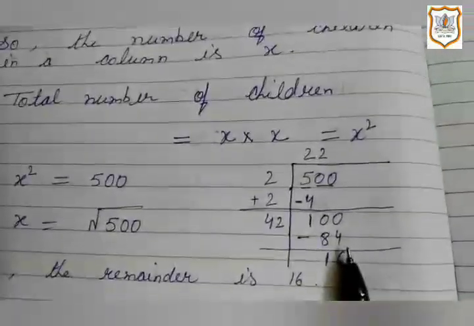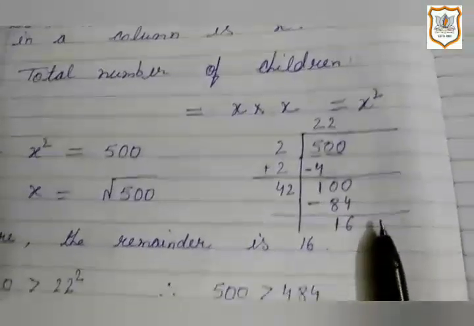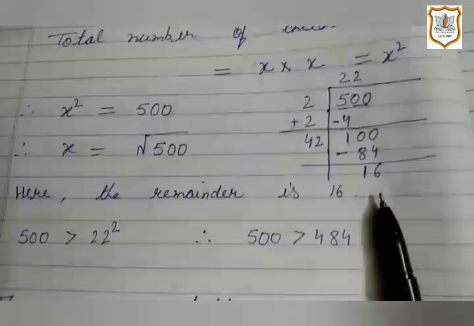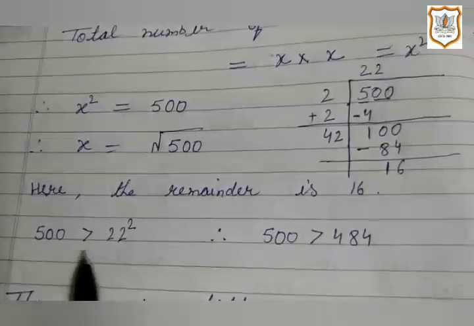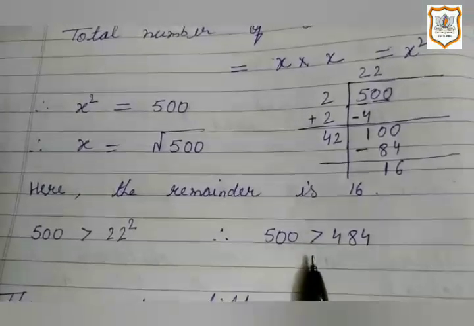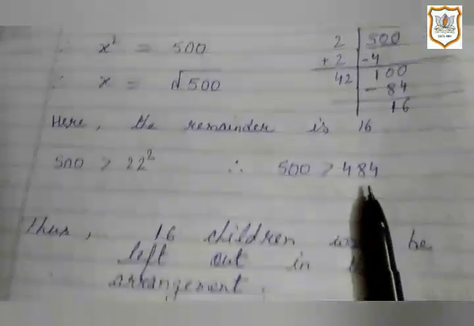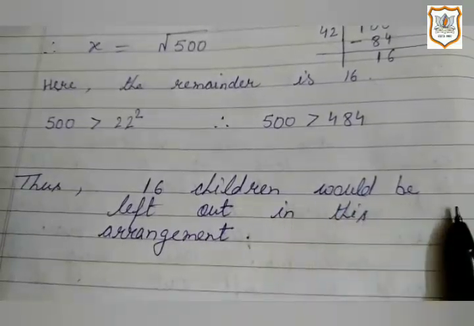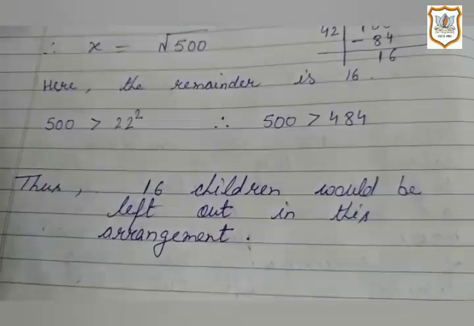When we find square root of 500 by division method, we get 16 as a remainder. So, 500 is greater than 22 square, 500 greater than 484. Thus, 16 children would be left out in this arrangement.